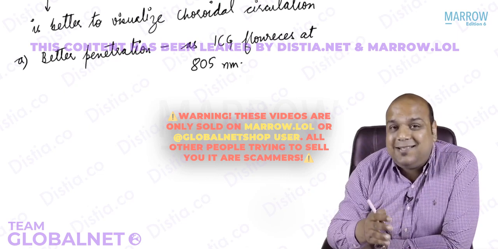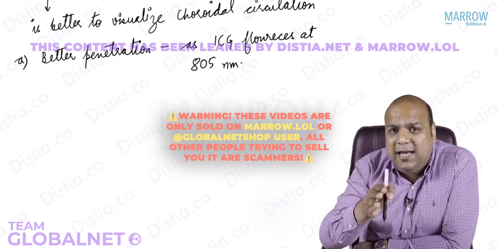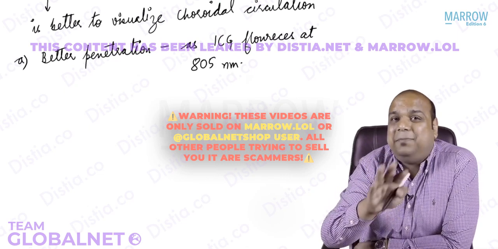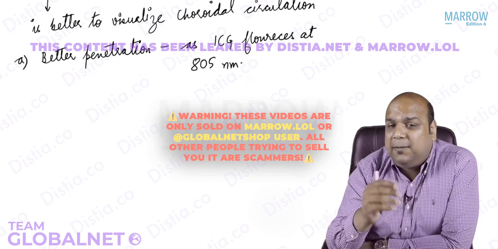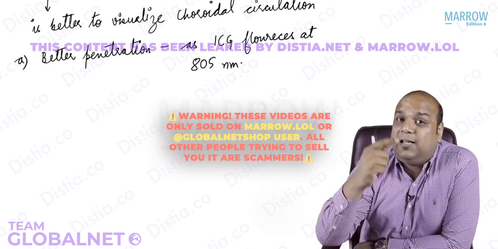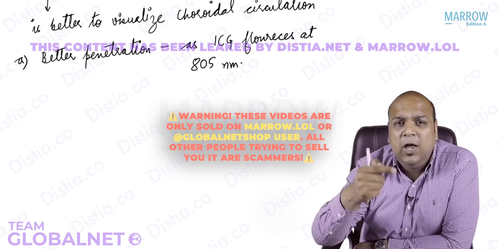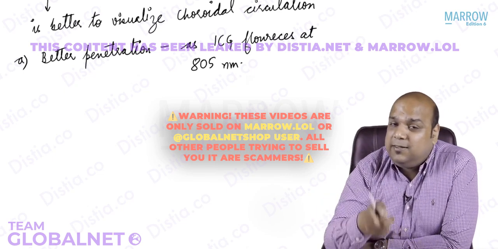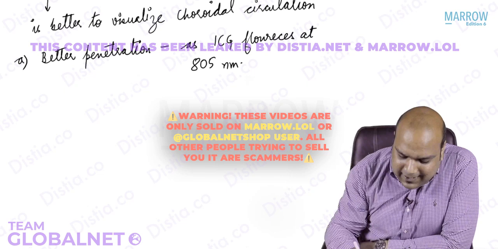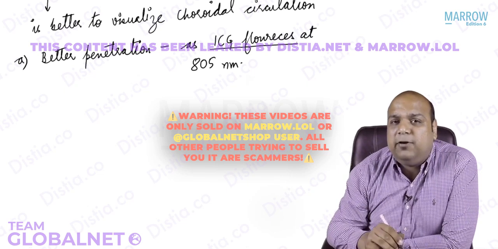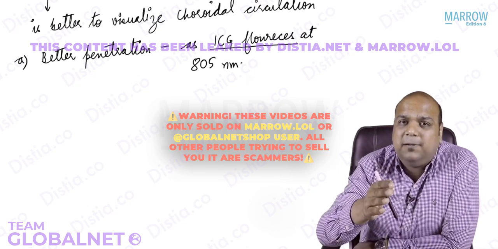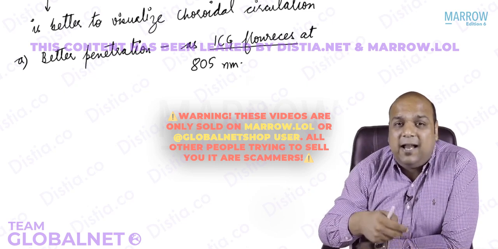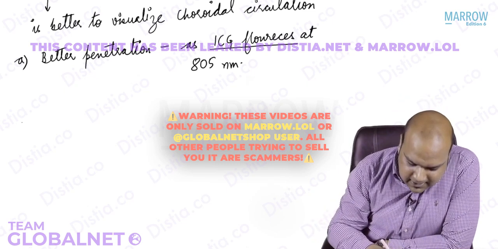Yes, and thus this 805 nanometer light is able to pass through the pigment epithelium, everybody. Retinal pigment epithelium blocks a lot of light, everybody, when the fluorescent dye is fluorescing at 520 to 530 nanometer. But because my ICG fluoresces at 805 nanometer, it is able to cross the pigment epithelium and thus visualize the dye in the choroidal circulation.